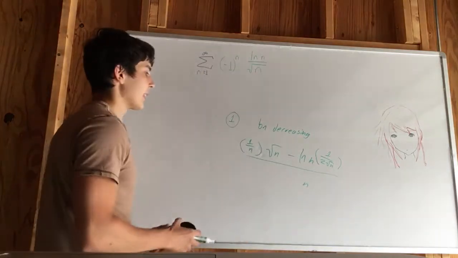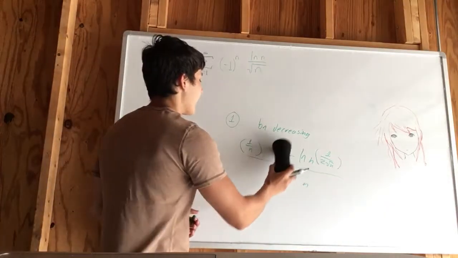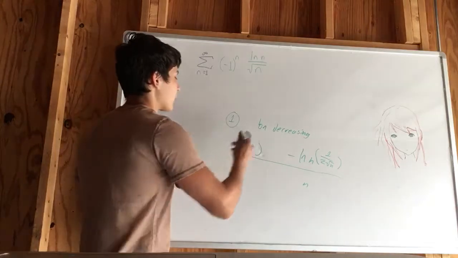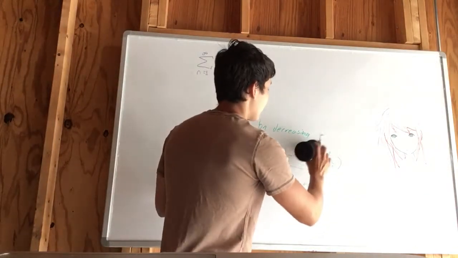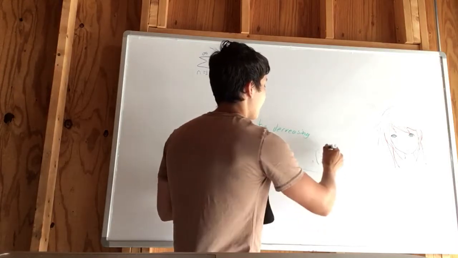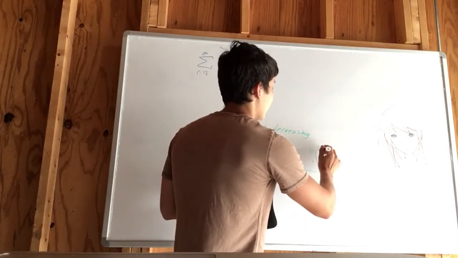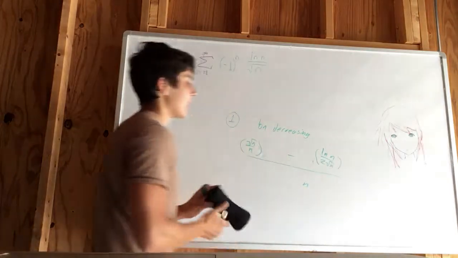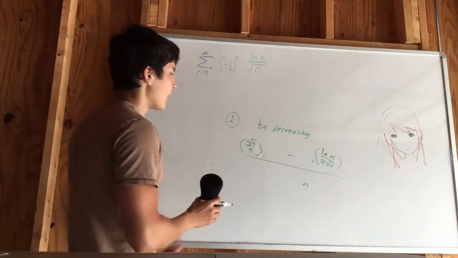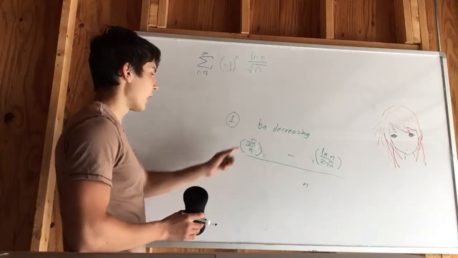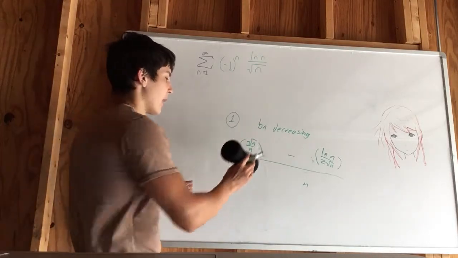We can simplify all this now. We have square root of n over n, and we have the natural log of n right there. This one, I would like to divide the square root of n on the numerator and on the denominator.